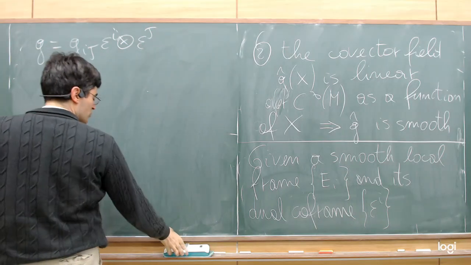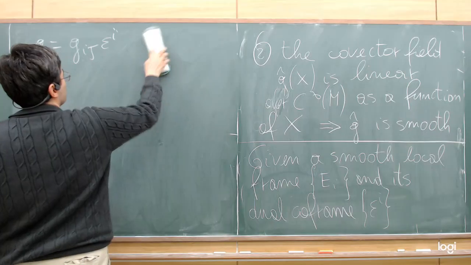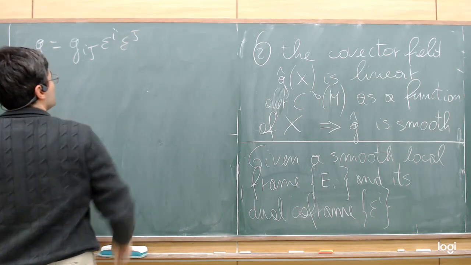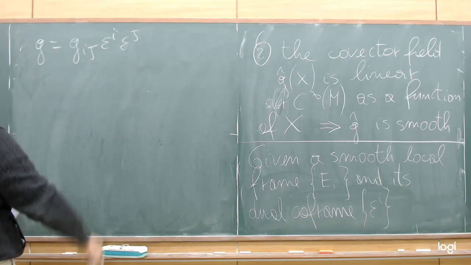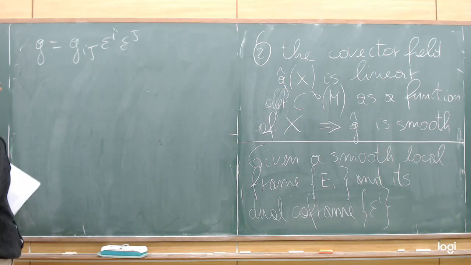We can also use the notation epsilon^i epsilon^j, where this is a symmetric product. We prove that it is the same thing.